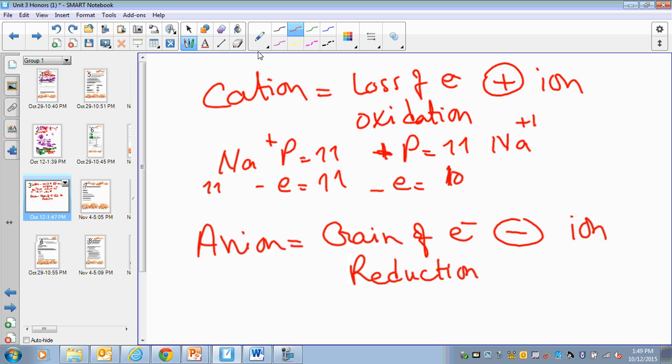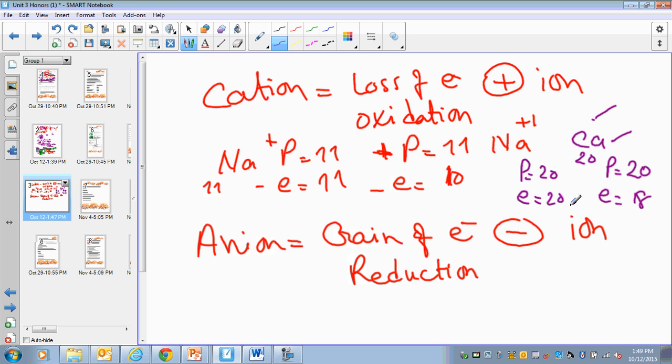For example, calcium has atomic number 20, and calcium has 2 valence electrons. So 20 atomic number means 20 protons, 20 electrons. But when it loses these two, the number of protons never changes, but the electrons become 18.